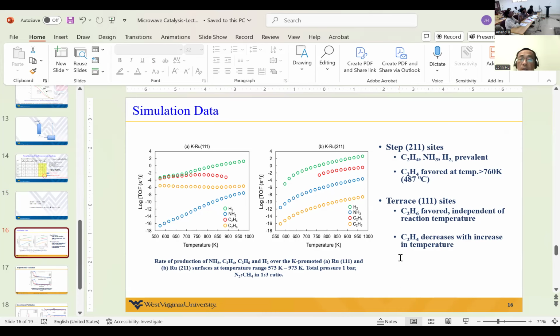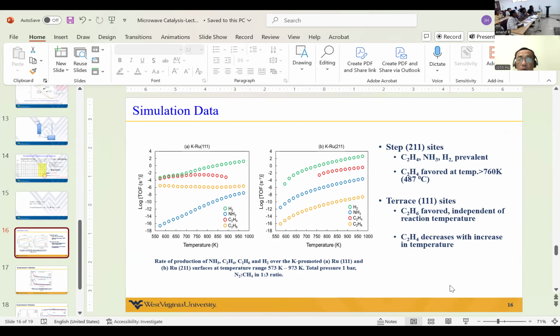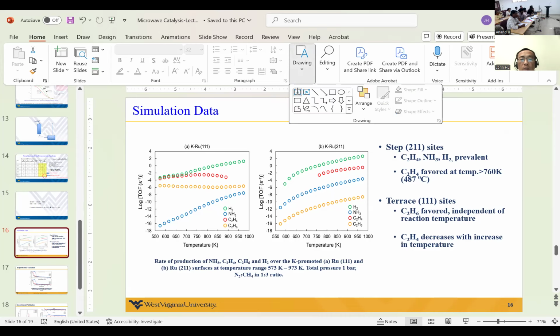In order to have this reaction, we want to see if theoretically it's going to work, which means in theory we put the methane and the nitrogen together, and based on DFT, the simulation says it will work. I will tell you what simulation we do here.